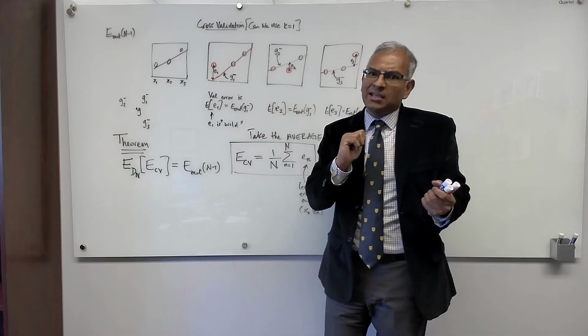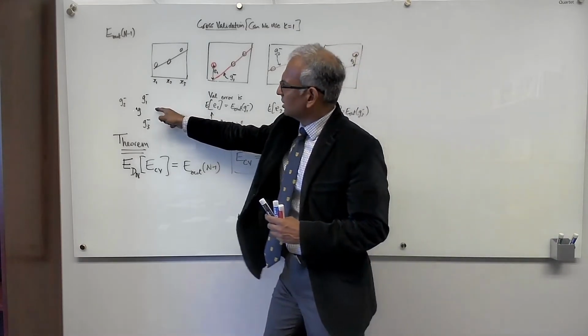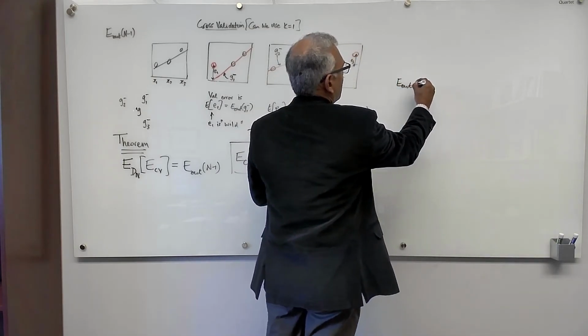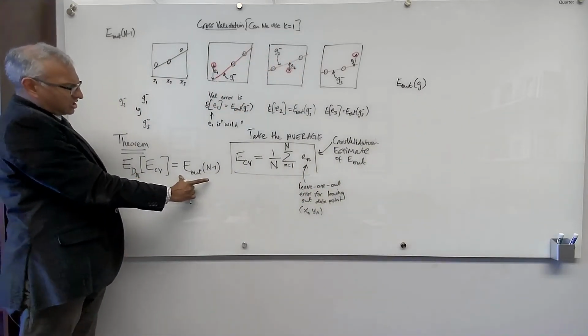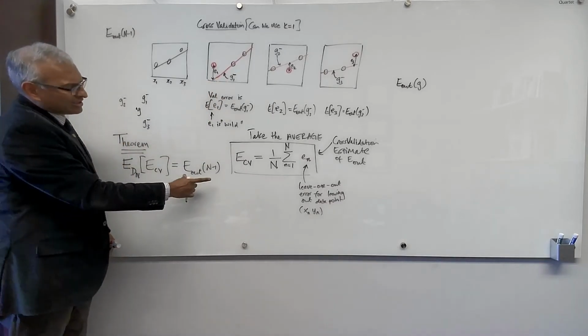Now, in reality, you are going to learn on n data points and output G. So E out of G, because this is the expected error on n minus 1 data points, you expect to be slightly less than this.